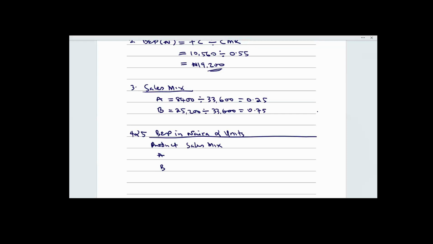No matter how big the question is, it's the same. Here is 0.25, 0.75, 1.0.